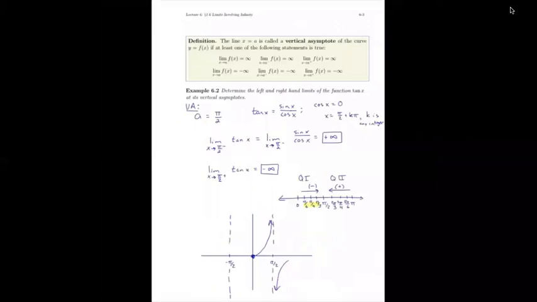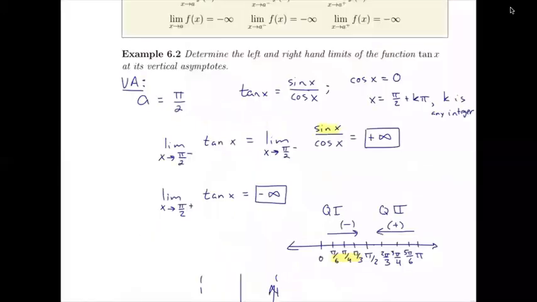So remember, if we have a function in the numerator that trends towards a finite real number that's non-zero, and we have a number in the denominator that trends towards 0, we're being driven towards infinity, right? We're being driven towards division by 0.